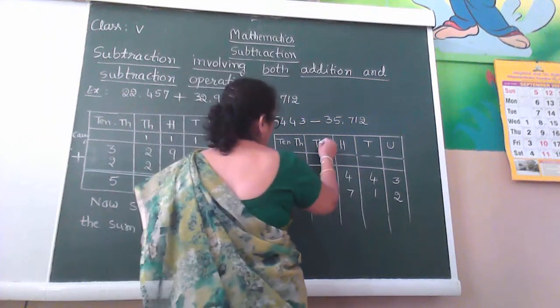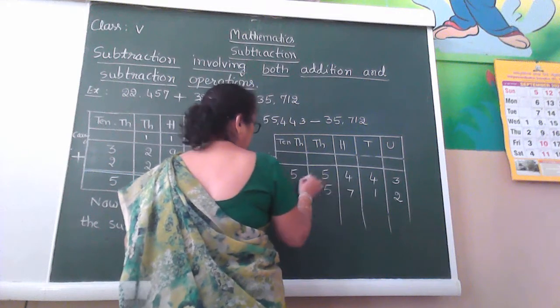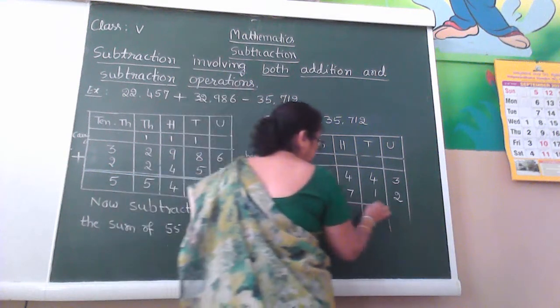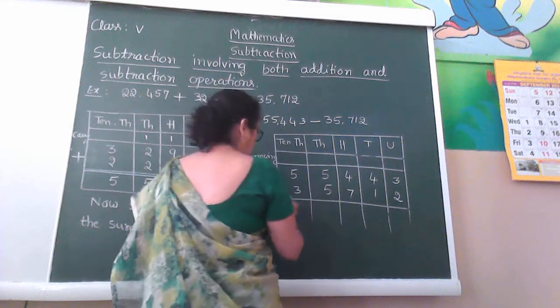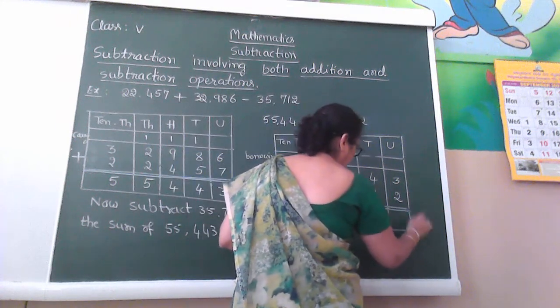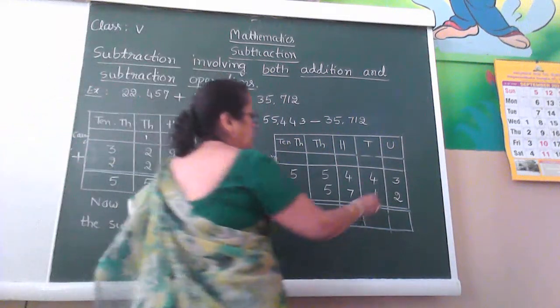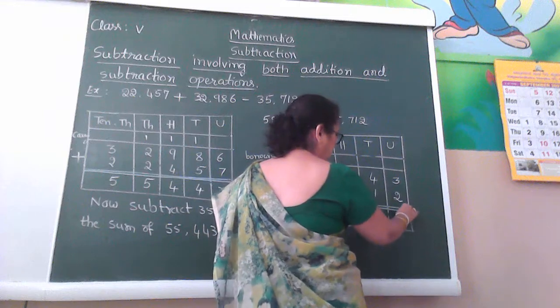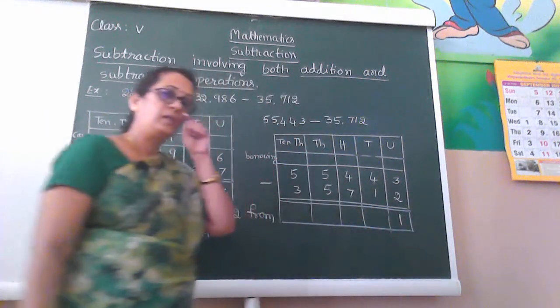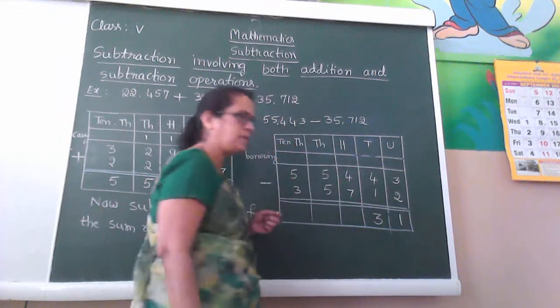Next thousands, again 5, 3. Now you subtract this. Okay. 3 minus 2, very simple, it is 1. 4 minus 1, again it is 3, very easy.